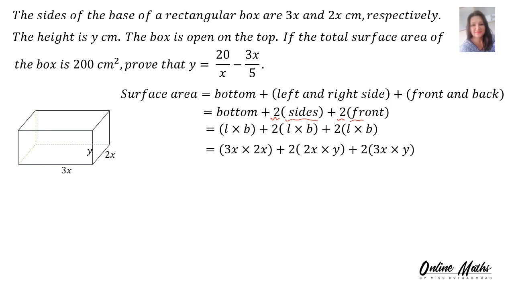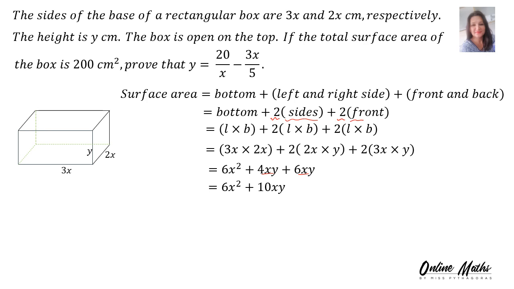And now we multiply. 3x times 2x is 6x squared. The second term, 2xy times 2 is 4xy, and 3xy times 2 is 6xy. And now you can add like terms. Therefore, 6x squared plus 10xy. So that is the formula for the total surface area.